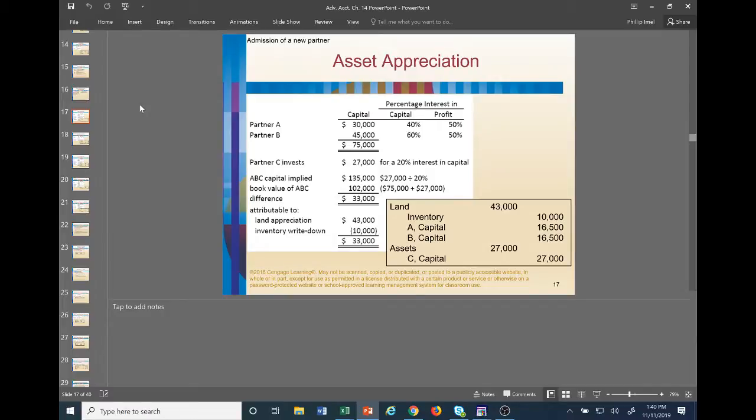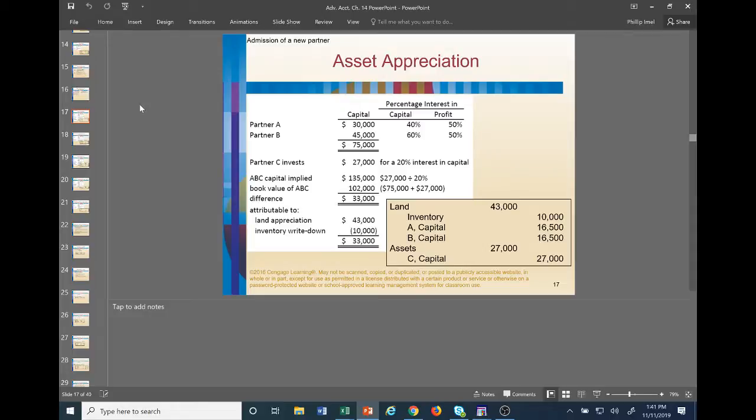To illustrate, assume that the $33,000 difference in values from the previous example is entirely traceable to the unrecognized net appreciation of the recorded net assets of the previous partnership as follows. We have land appreciation of $43,000 and an inventory write-down of $10,000, leaving a net appreciation of $33,000.